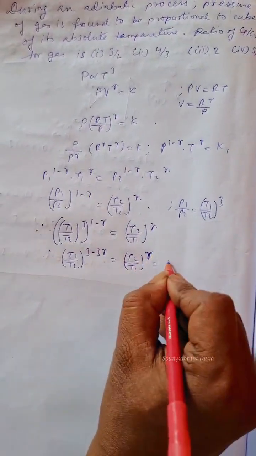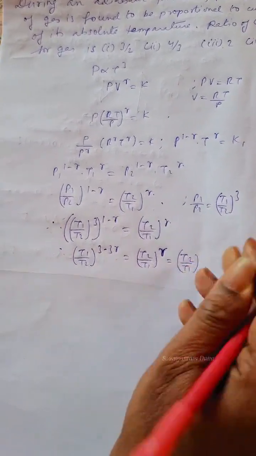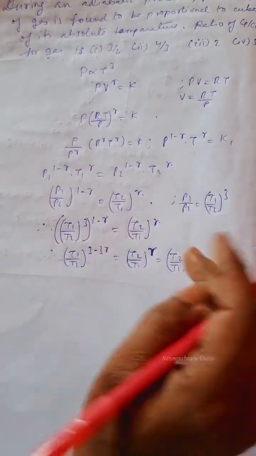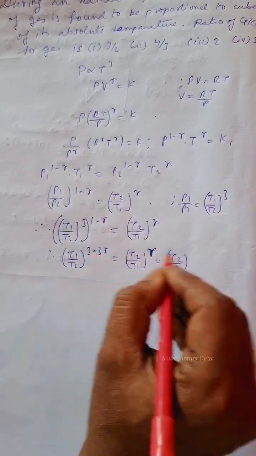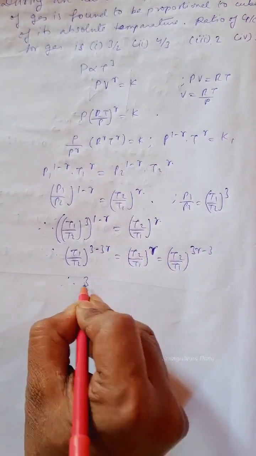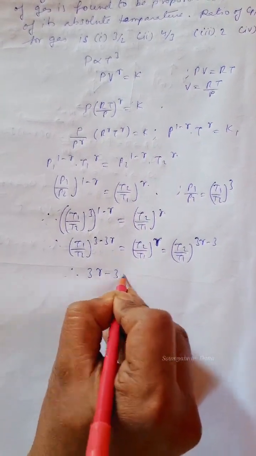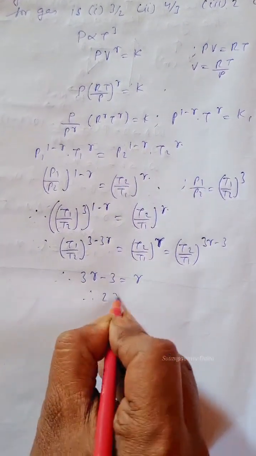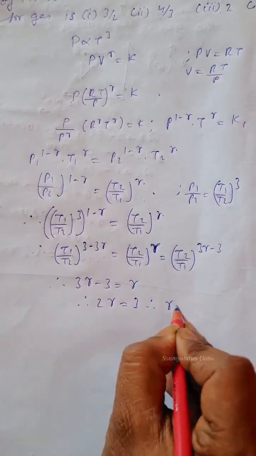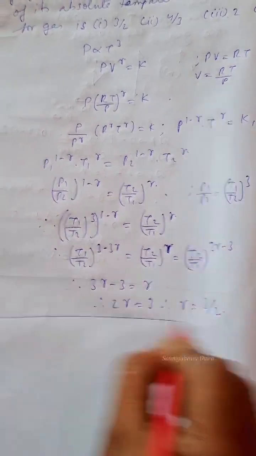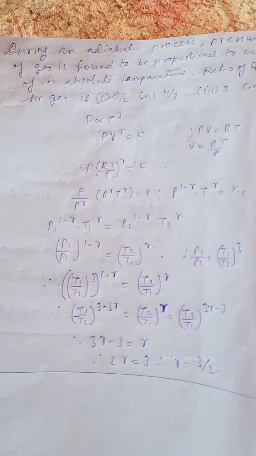The same thing we can write as T2 by T1 to the power 3 gamma minus 3. That means 3 gamma minus 3 equals gamma. So 2 gamma equals 3, therefore gamma equals 3 by 2. So option 1 is correct.